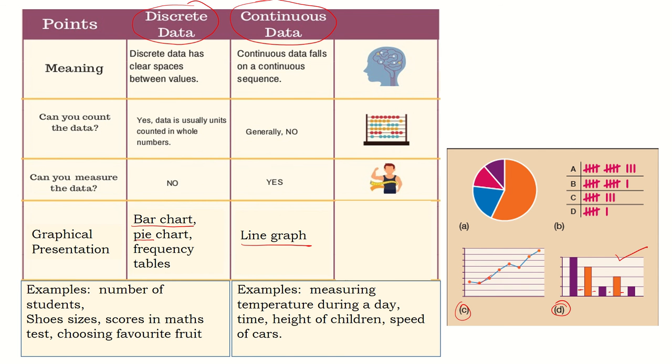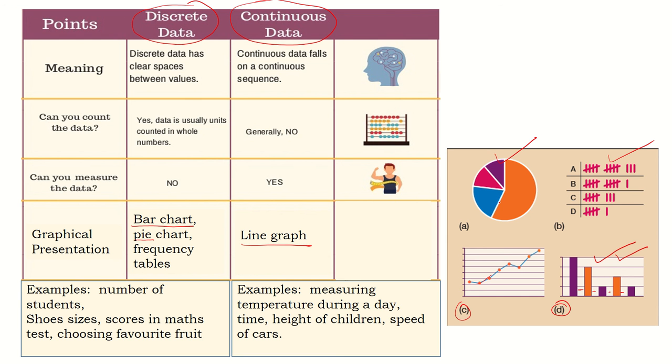Makes sense, right? But 21.5 girls or boys does not make sense. Isn't it so?